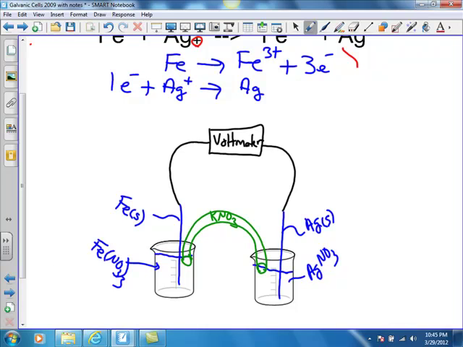So the reason why I write the half cells is because the half reactions tell me that the iron is going to lose the electrons. So I know that out of this side I'm going to have electrons that are going to flow.